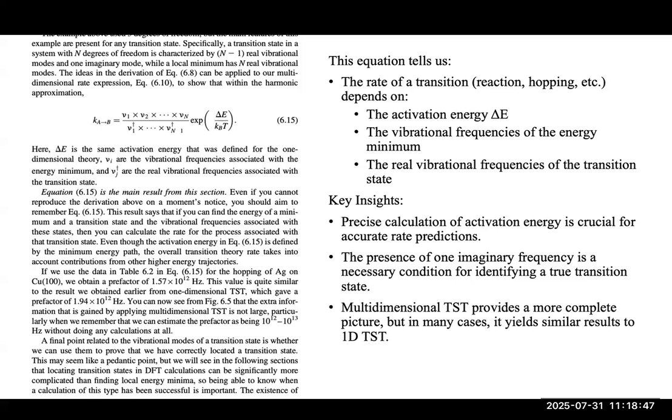Okay, so you cannot really get centimeter inverse accuracy with DFT. So what do we do here? Well, when you do vibration, the good thing is that because you are looking at systematic trends, you can actually get away with better accuracy than 1 kcal per mole.